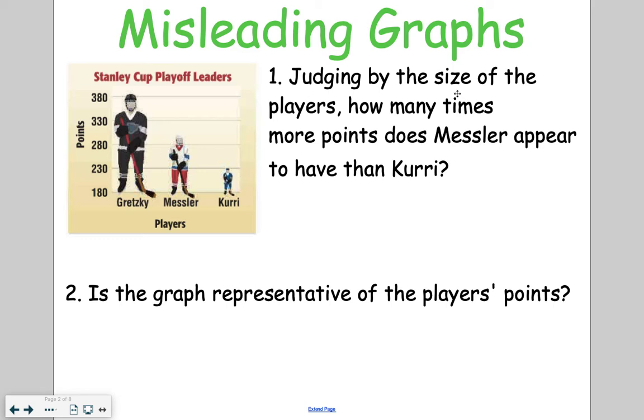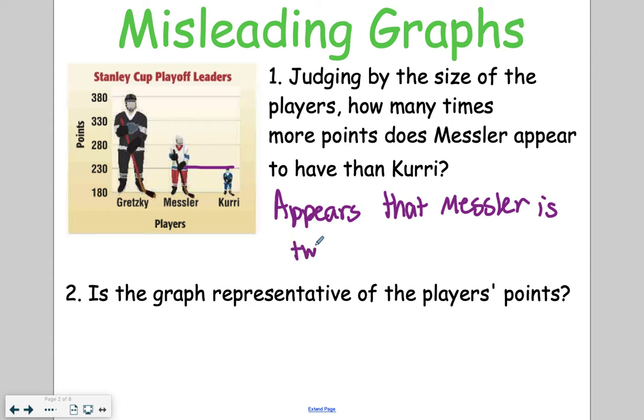And then I want you to go ahead and think for a minute, judging by the size of the players, how many times more points does Messler, so this middle guy, appear to have than Curry? So judging by the size, if you look at the different figures, it looks like Curry is about half of the size. So it appears that Messler is twice as big.